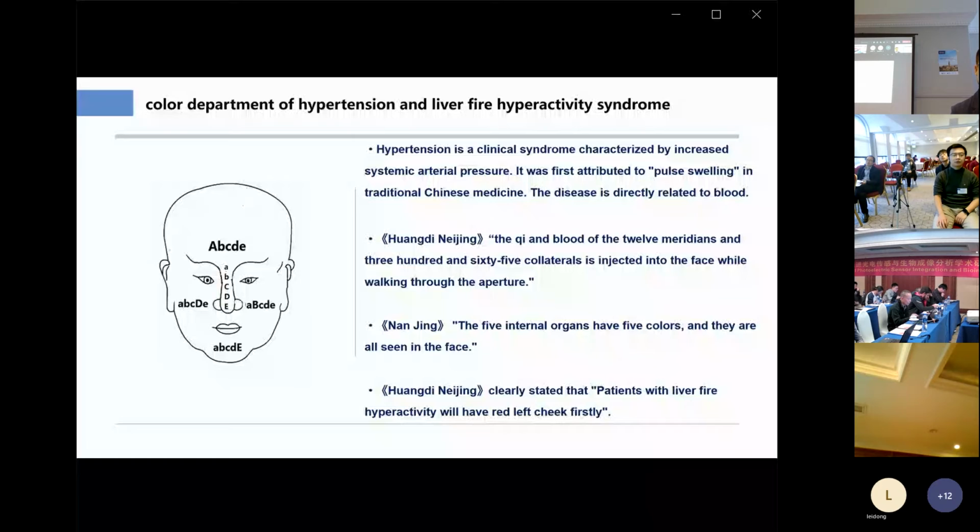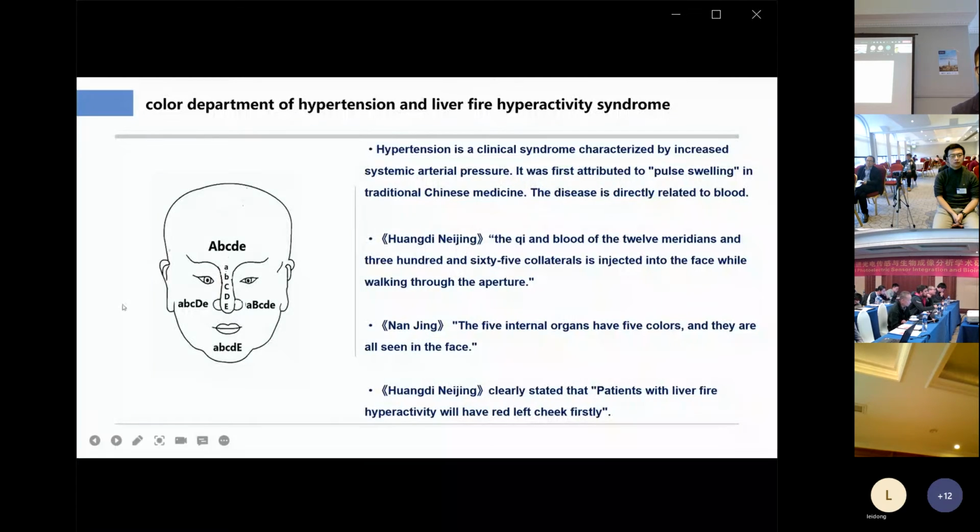The text clearly states that patients with liver fire hyperactivity will show it on the left cheek firstly. So the whole face contains all the life information, but different parts like the nose, left cheek, and right cheek also contain different life information.